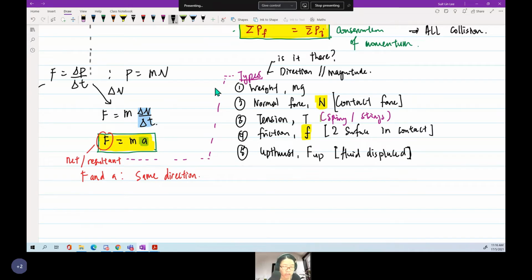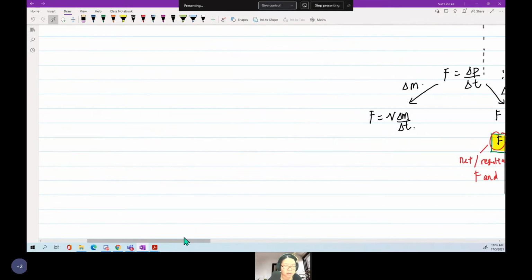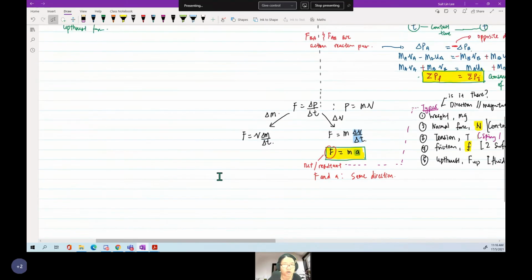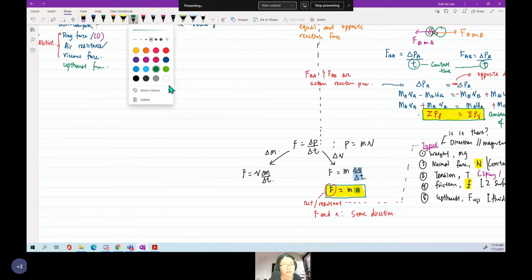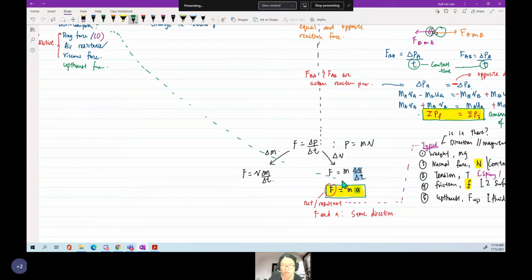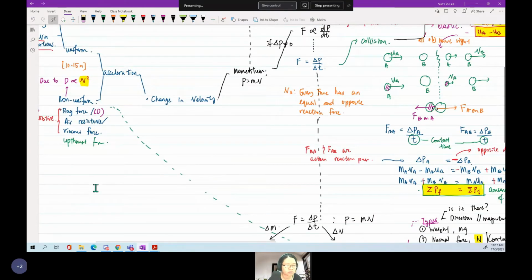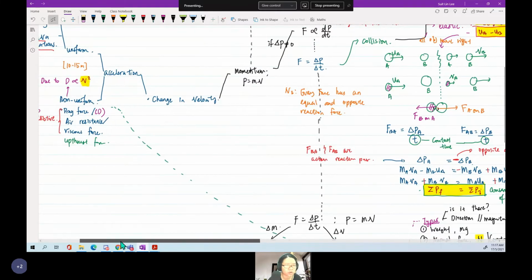We can find acceleration, and once we can find acceleration, we open up an entire world, because you see this part here, this acceleration can be linked to here. You see this acceleration? So we can draw it back all the way to here.